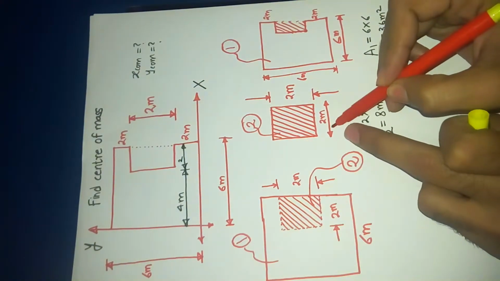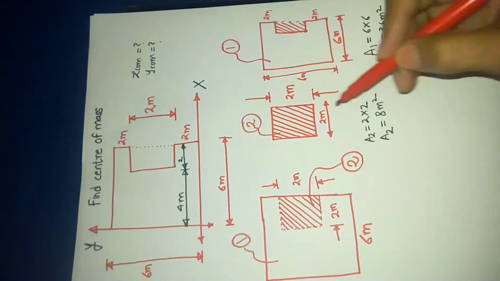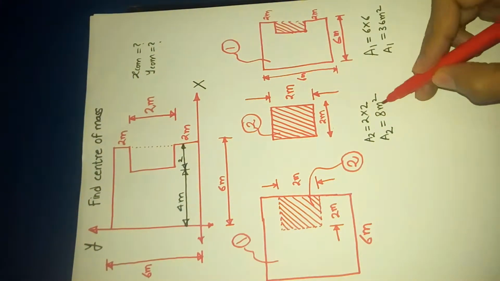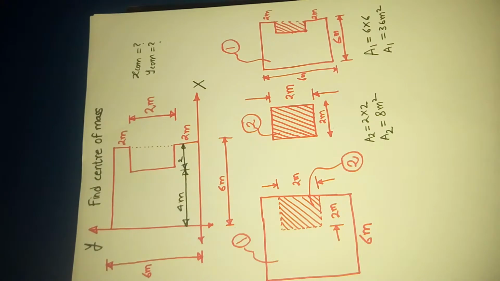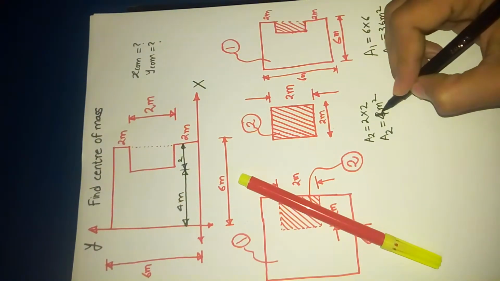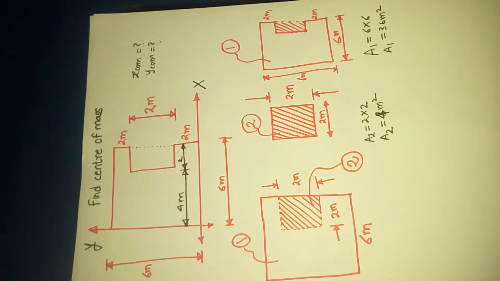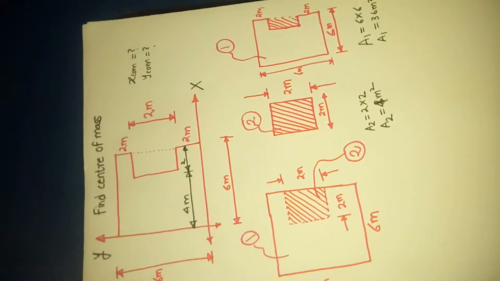Clearly you can see here it is 2 meter, it is 2 meter. So we are calculating A2 as 8 meter square, sorry, it's 4 meter square. Here A1 is 36 meter square.